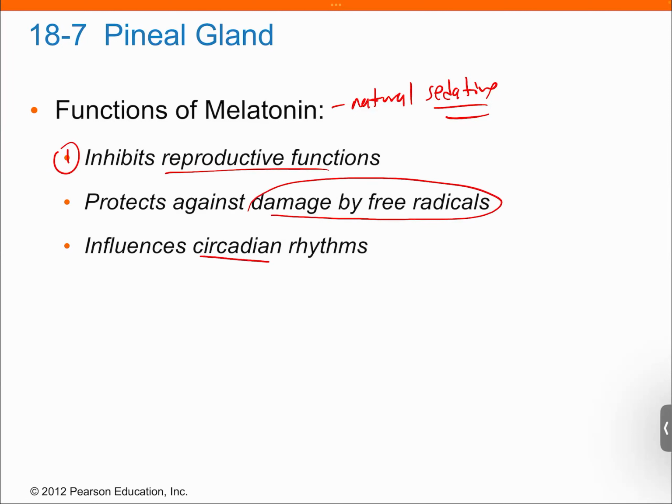And they're also wired into your circadian rhythms. The circadian rhythms are basically your sense of sleep-wake cycles and night-day cycles, right? So your circadian rhythm has multiple levels. It's not just your sleep-wake cycles. It also governs whether you're diurnal or nocturnal, whether you're active during the day or during the night.